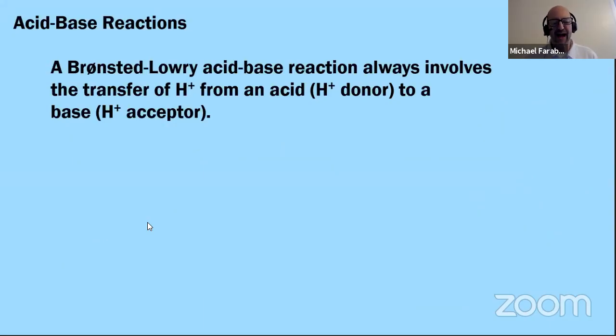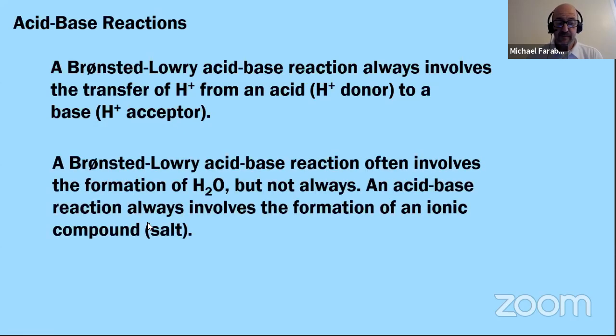A Bronsted-Lowry acid-base reaction always involves the transfer of H plus, or a proton, from the acid, the proton donor, to the base, the proton acceptor. Often, a Bronsted-Lowry acid-base reaction involves the formation of water, but not always. An acid-base reaction always involves the formation of an ionic compound or a salt. So here, for example, we have a base that does not contain OH-.